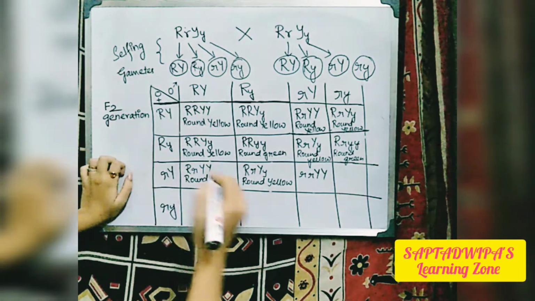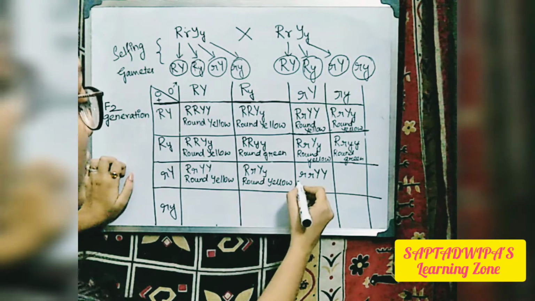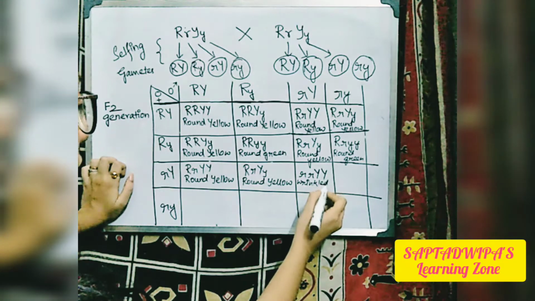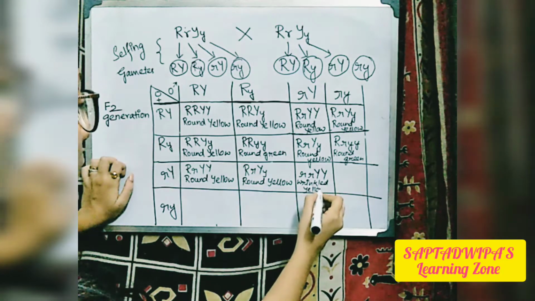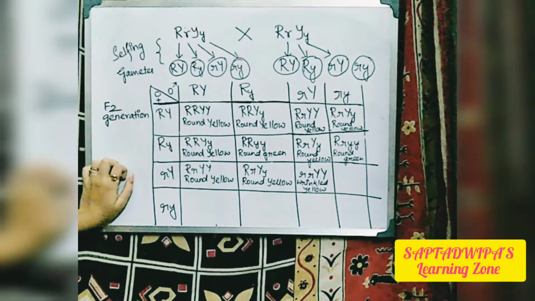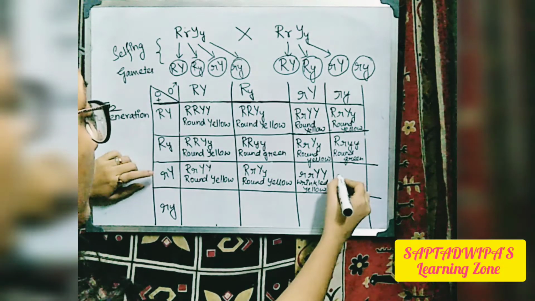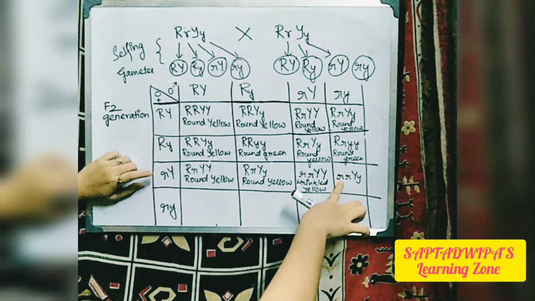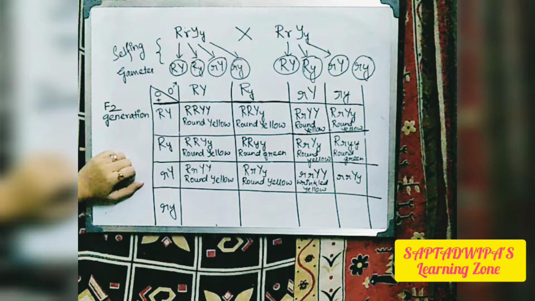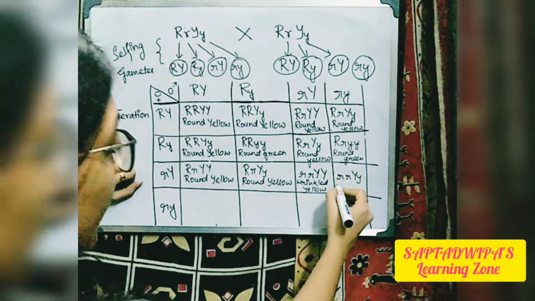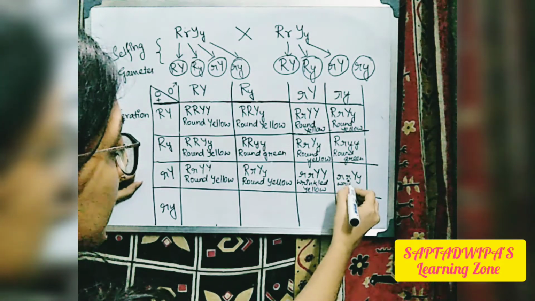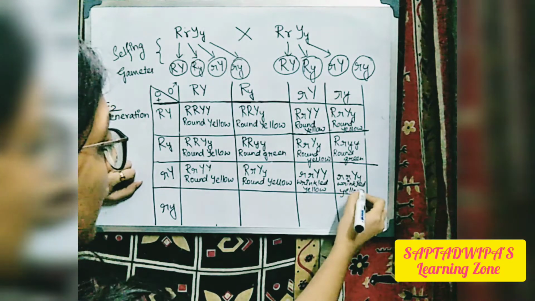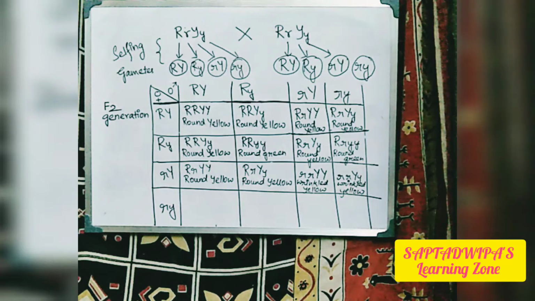That means wrinkled. Small r represents wrinkled. So wrinkled yellow seeds will be produced here. Next, small r, capital Y, small y. So wrinkled yellow again. Nature of the seed will be wrinkled yellow.